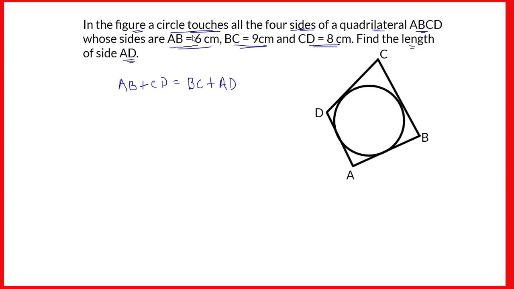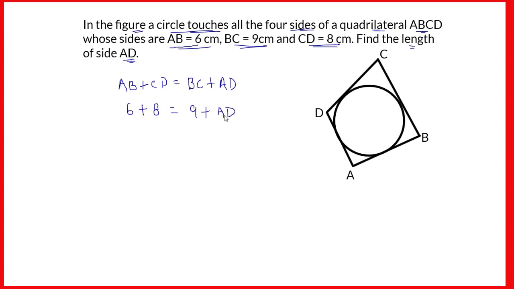Now here the lengths are given. So AB is 6 cm, so it will be 6 plus CD. CD is 8 cm, so it will be 8 cm, which is equal to BC. BC is 9 cm plus AD, that we have to find.